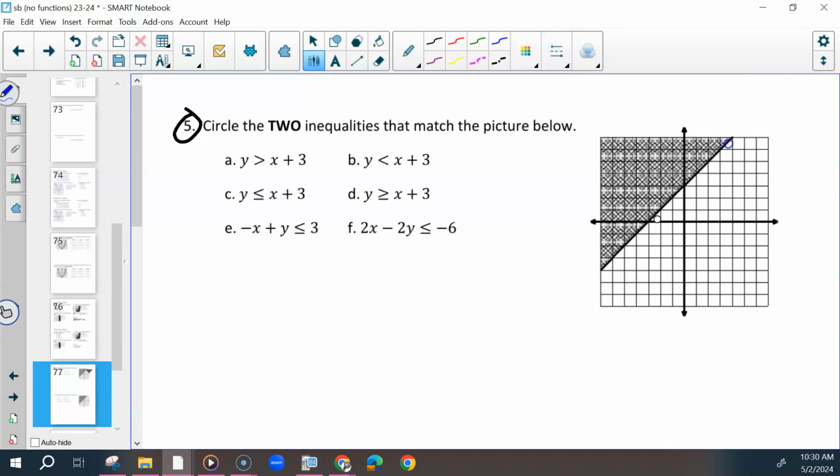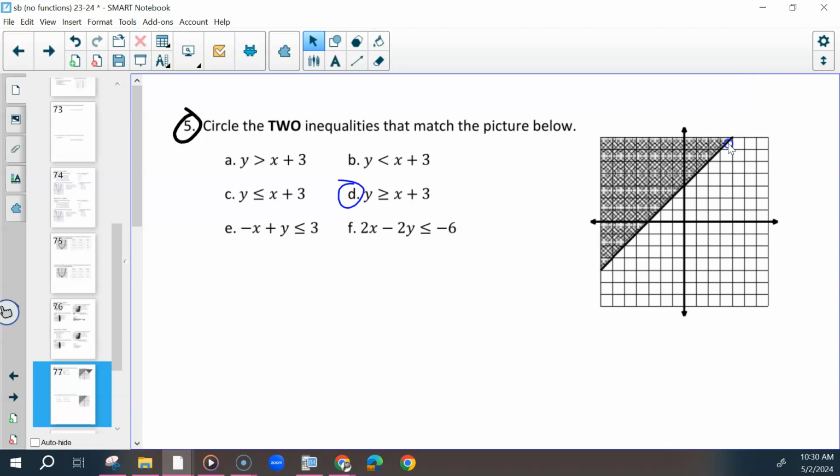For this, I see that this is a solid line. It says 2, but I really only see 1. We'll do the one that's obvious and then I'll find out. So, solid line, starting at 3, the slope is 1, and shaded above that would be D. I think one of the other ones is going to match that.